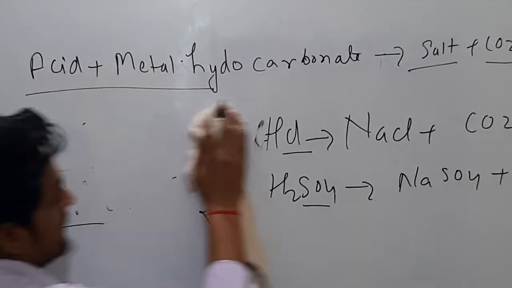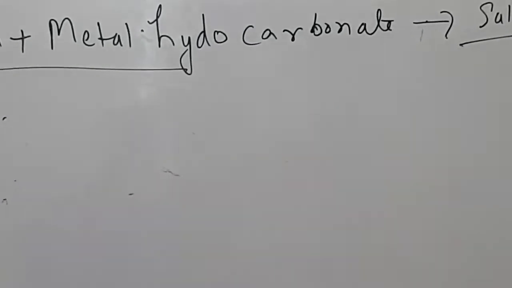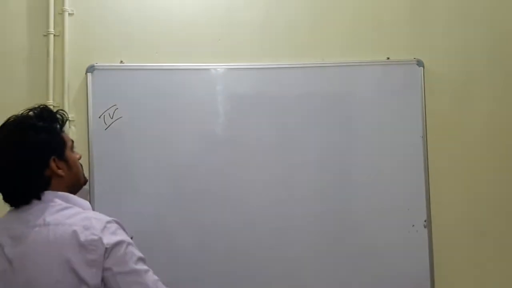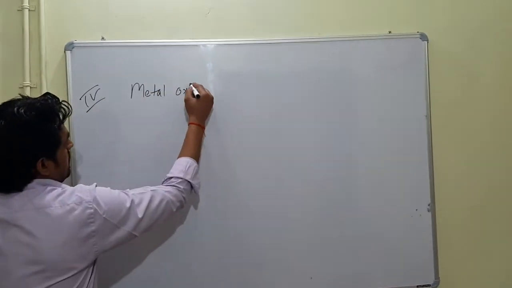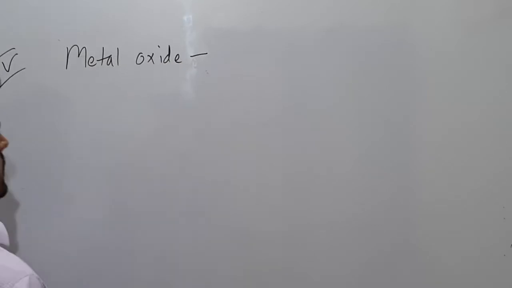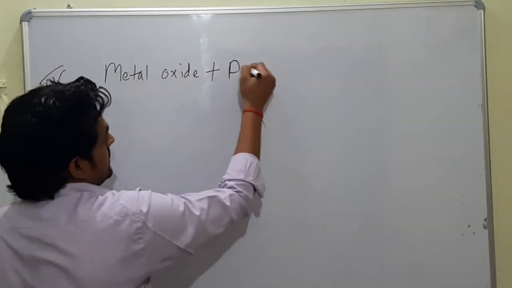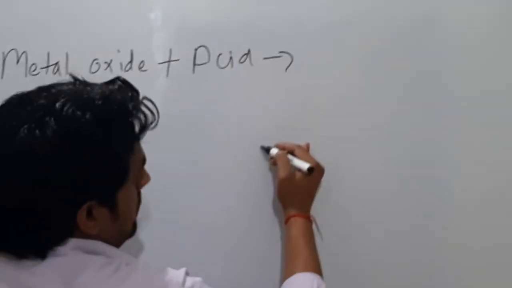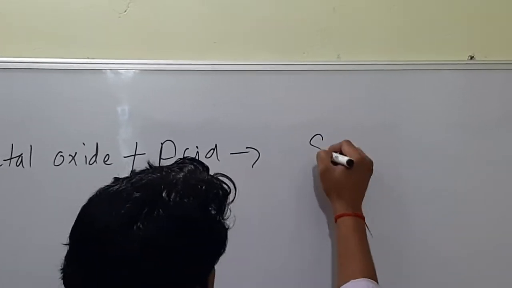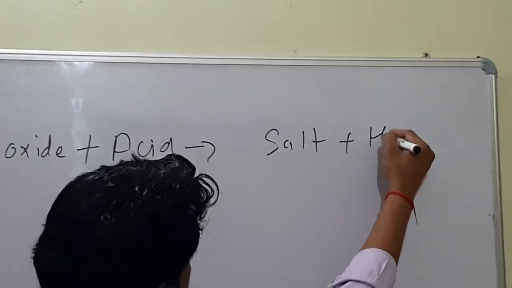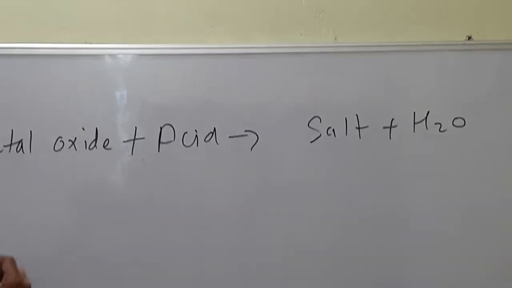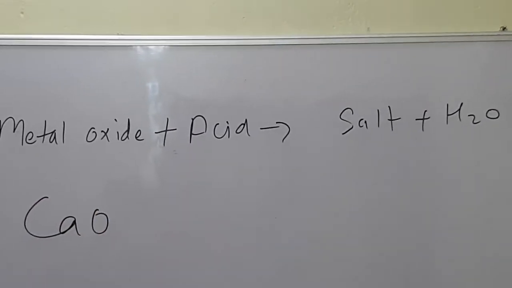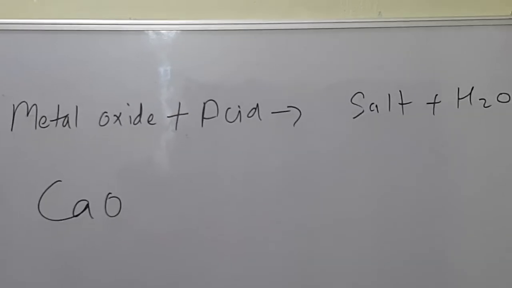Metal oxide. Metal oxide reacting with an acid forms salt and H2O. Now take CaO, calcium oxide, and magnesium oxide.